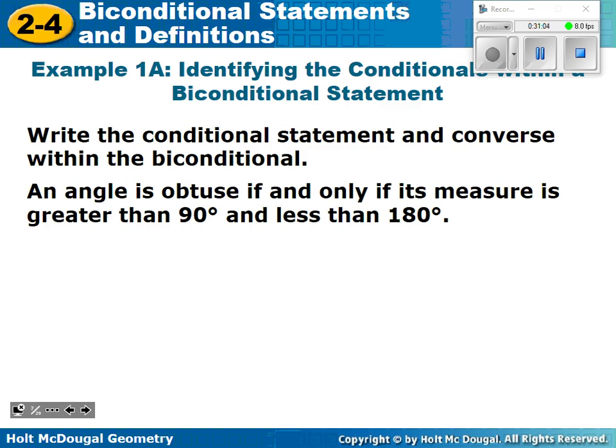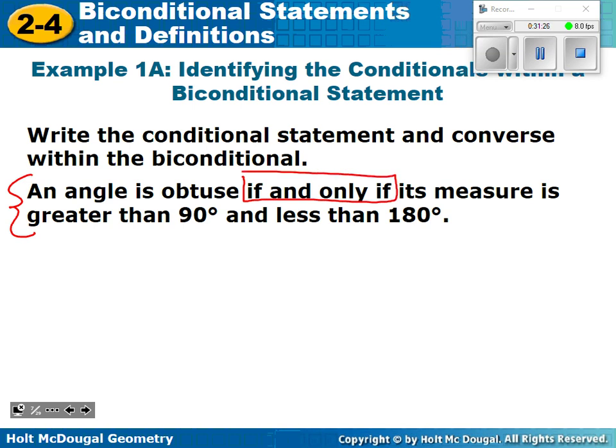Okay, so first example they give us is they want us to take this biconditional and they want us to separate it into the conditional statement and its converse. So how do you know when you read this statement right here that it is biconditional? So you pick out this little phrase, if and only if.